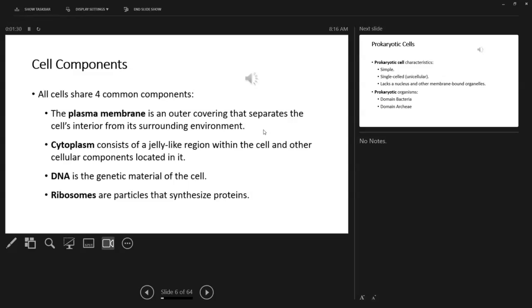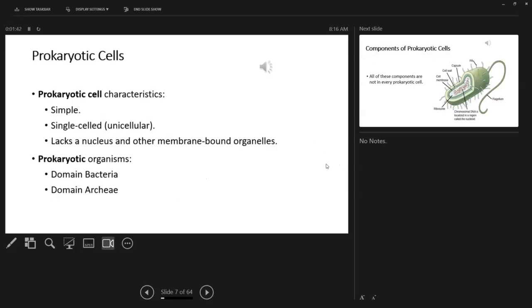These are the little organelles in cells where proteins are made. So every cell has to be able to make proteins. And we already have discussed the difference between prokaryotic and eukaryotic cells, so this should be a review.